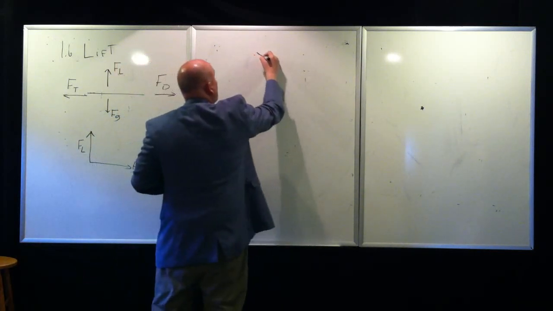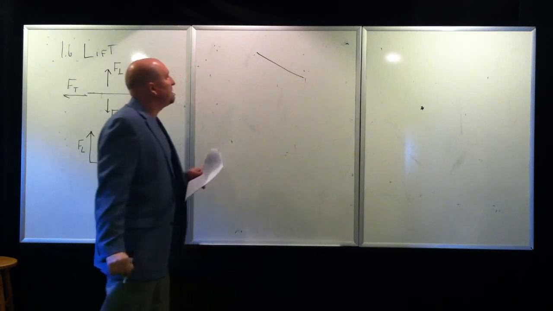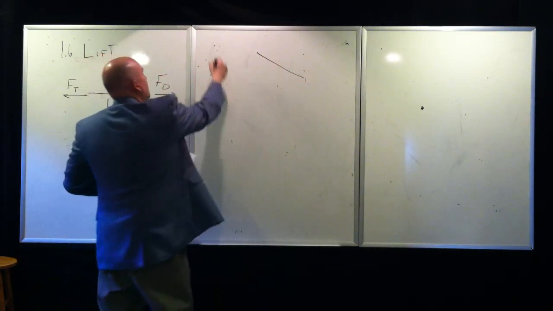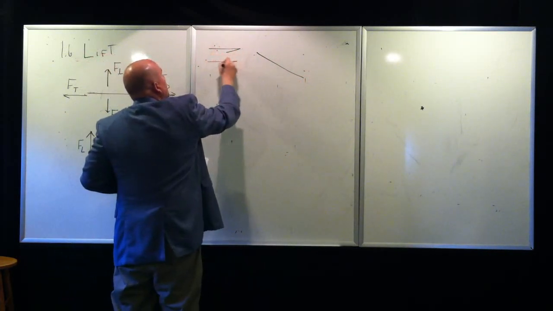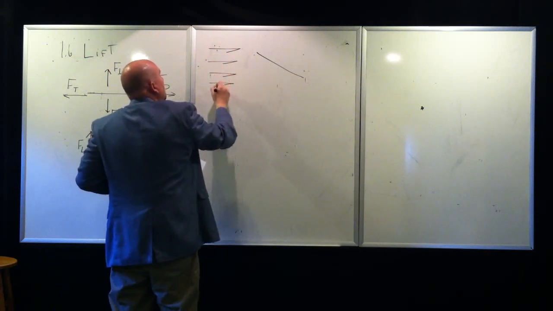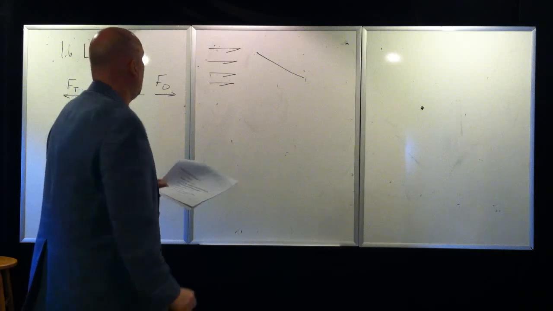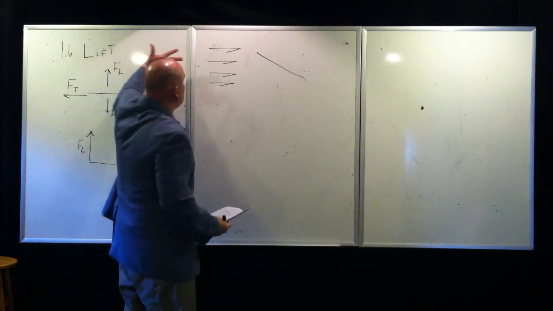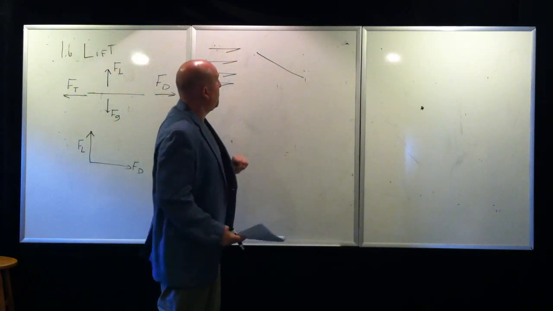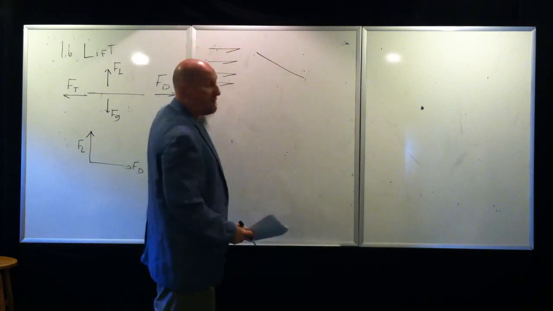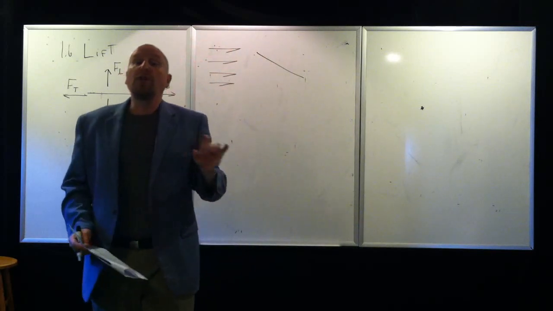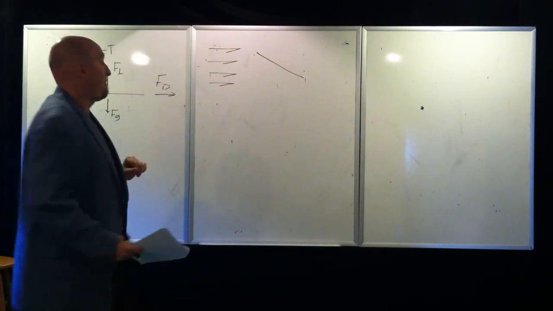So if this is going to be our flat plate, we have a flat plate that is going to be in a flow of air, a flow of water. Well, when we're dealing with airplanes, it's going to be a flow of air. The air is going towards the plane, or the plane could be moving relative to the air.